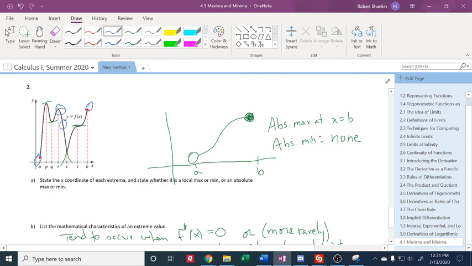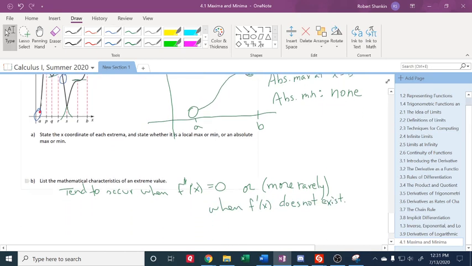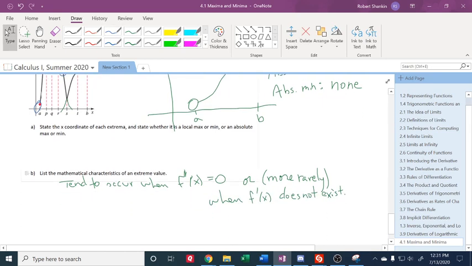And then you can't consider those as absolute mins or local maxes. And so extreme values on open intervals only occur in one of these two situations, where the derivative is 0 or where the derivative does not exist.